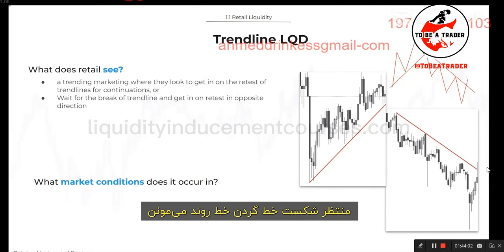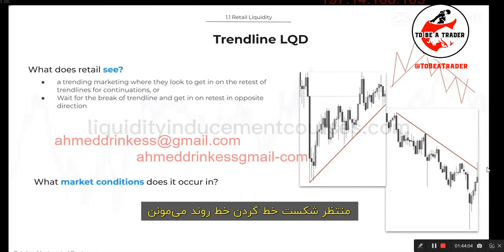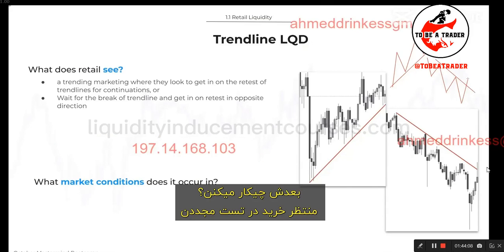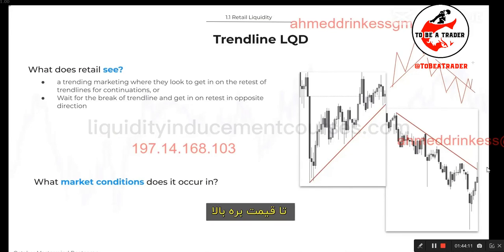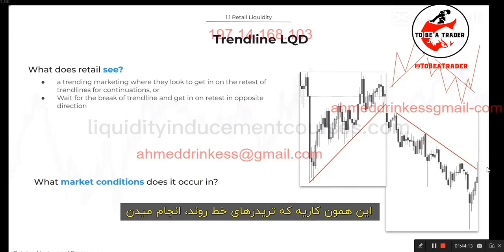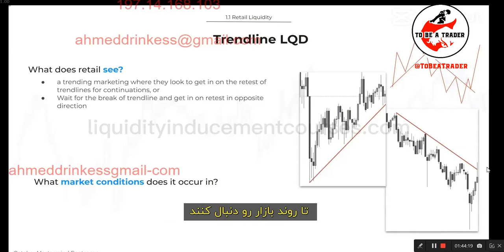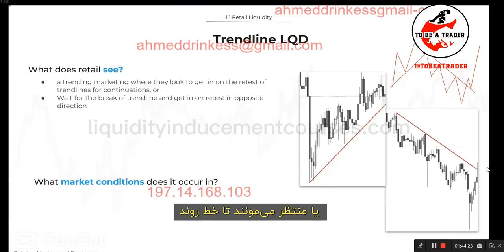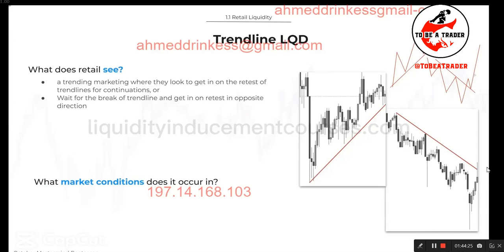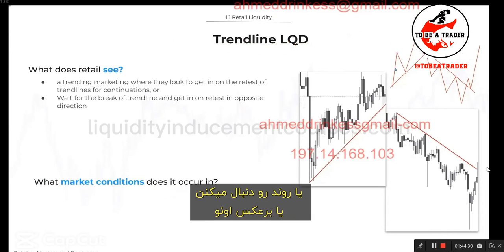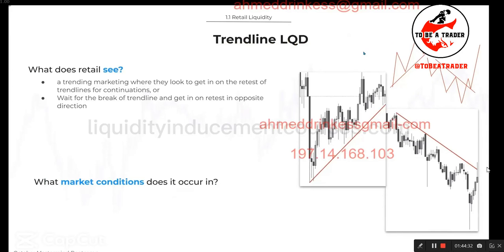They wait for the break of the neckline of the trend line, and then they look to buy on the retest to then go higher. That's what trend line traders do. They're either going to take their position on the trend line to continue the market trend, or they're going to wait for the trend line to be broken, buy on the retest, then go higher. So that's what they're looking for, either continuing or getting in on reversals.